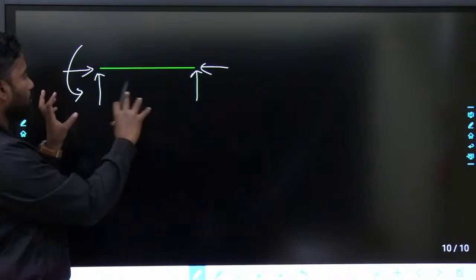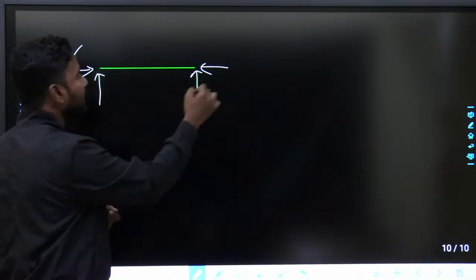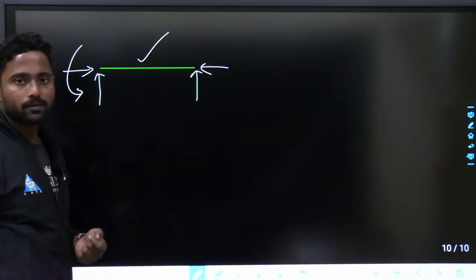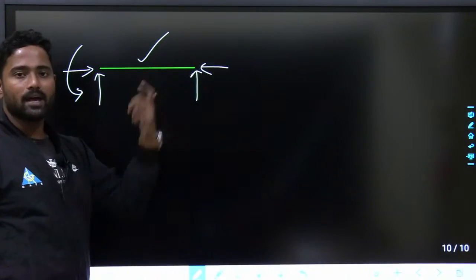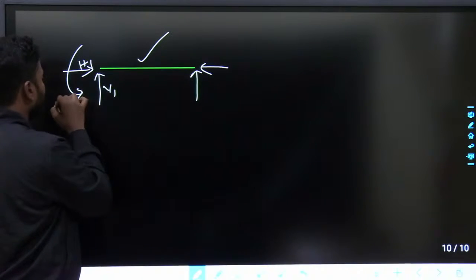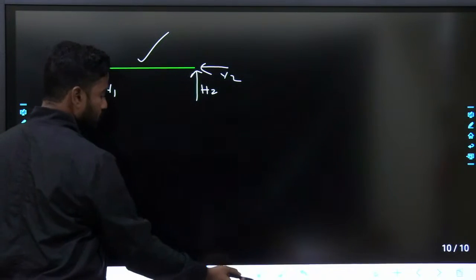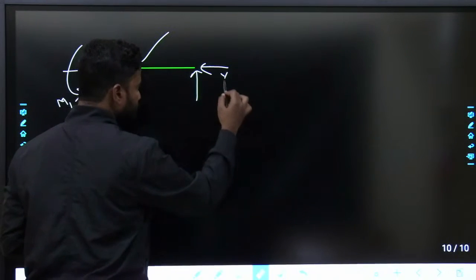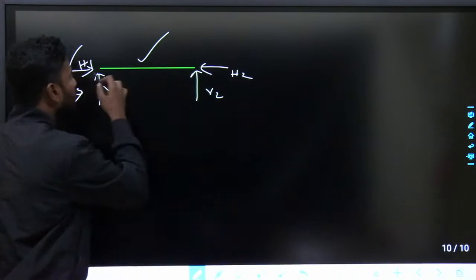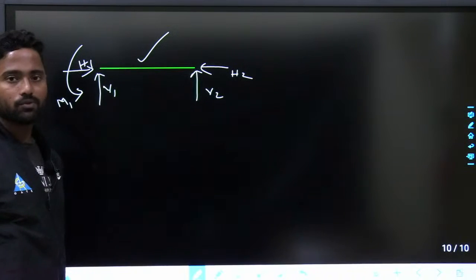But anyway, approximately it is like this. Now, if I know all the five reactions, I can calculate axial force in this member. This minus this will be the axial force. Let us say this is H1, V1, this is M1, this is H2, V2. If I want to calculate axial force, what will be axial force? H1 minus H2 will be axial force.